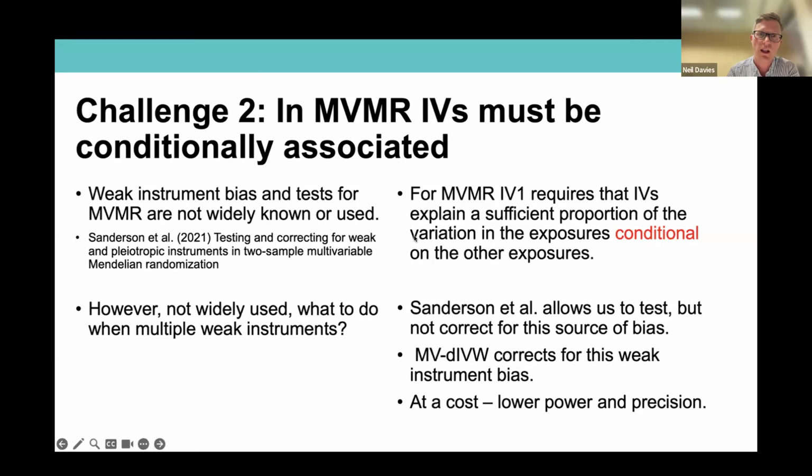But crucially, this doesn't allow you to entirely overcome it. Now, the cost, as was highlighted in the simulations, is really in terms of power and precision. So the estimates that you get from the bias-corrected approaches are less precise.